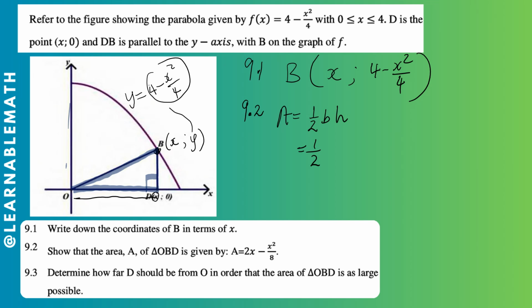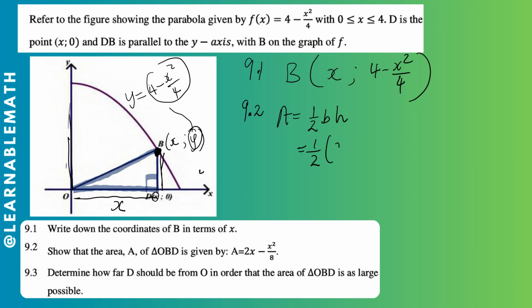That distance there is from 0 to x, so it is x. Then the height represents the y, because this is the y-axis, till that point, where we know that the y is 4 minus x squared over 4, because the height is ending there at B.